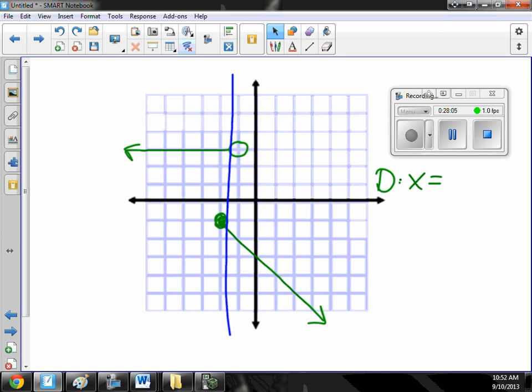Right there, it fails. Are there any x's that miss? What about that? That misses up here, but it touches down there, so we're okay. Are there any that it misses? Where? So, over here, is that going to miss? That's eventually going to hit, because this graph is going to keep going in that direction, and they're going to intersect down here. So what is the domain of this function?